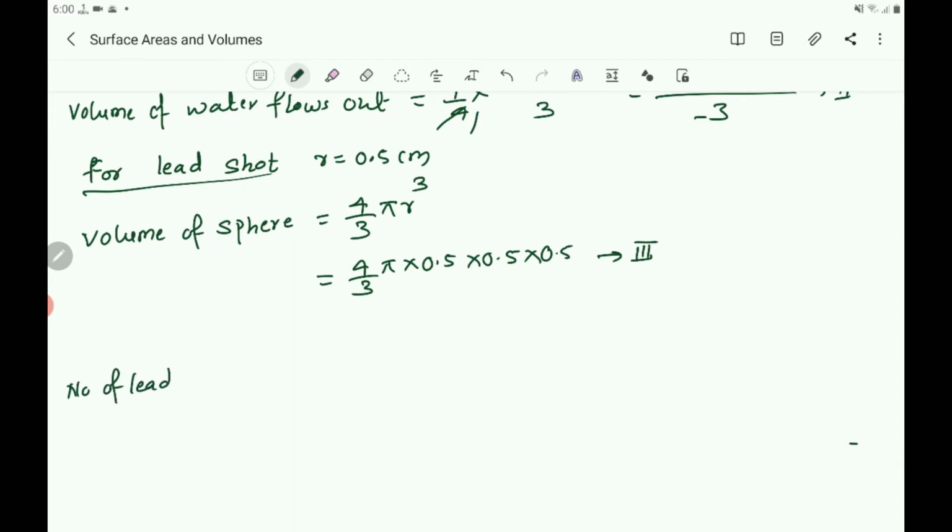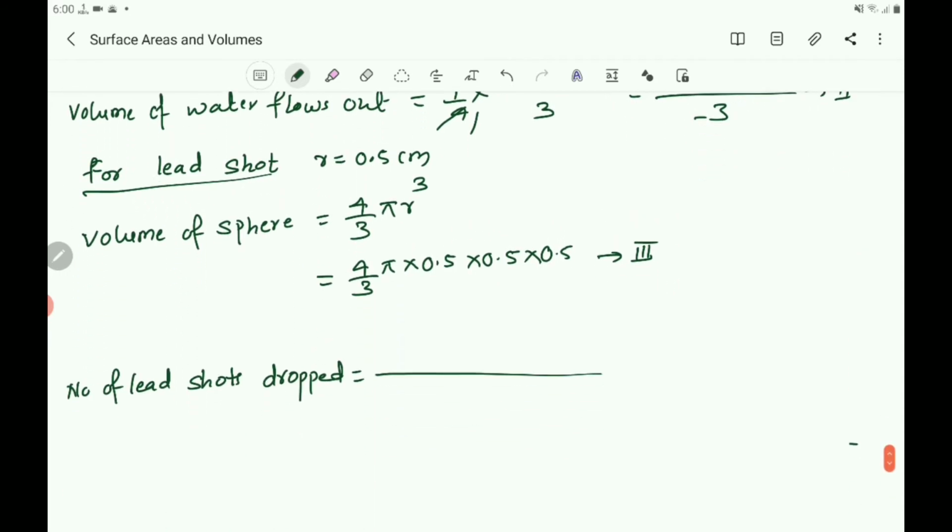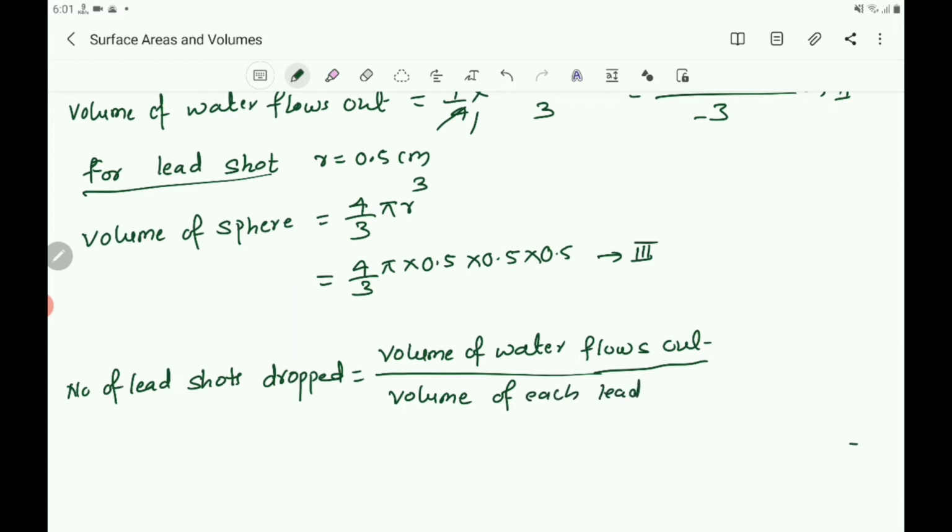Number of lead shots dropped equals the volume of the water that flows out divided by the volume of each lead shot, that is nothing but the sphere, this one.